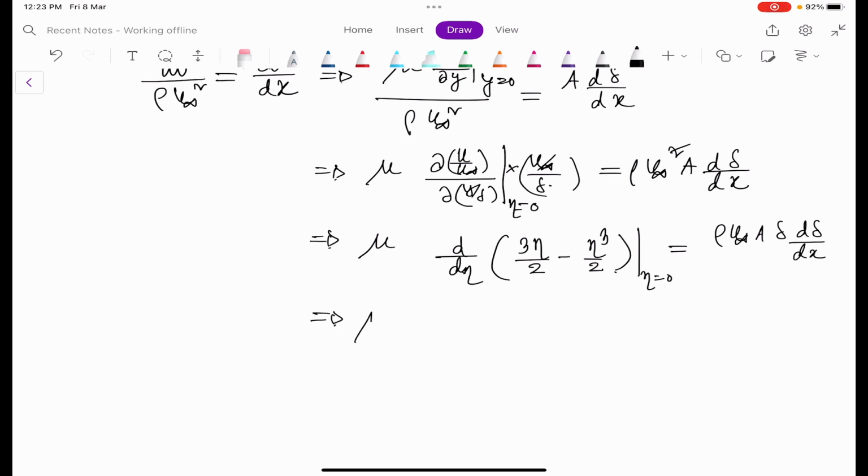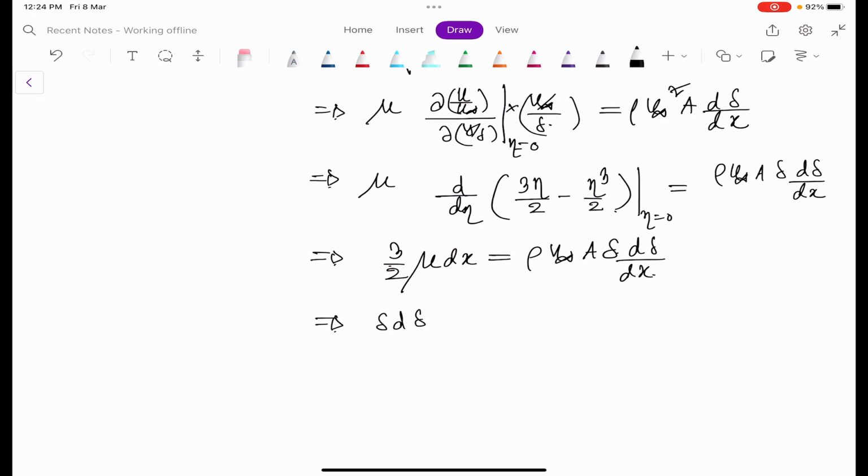Now you can see that this will become 3 by 2 minus 3 eta square by 2, at eta equal to 0, so this will become 3 by 2 only. So this will be 3 by 2 mu dx equal to rho u infinity a delta d delta dx.